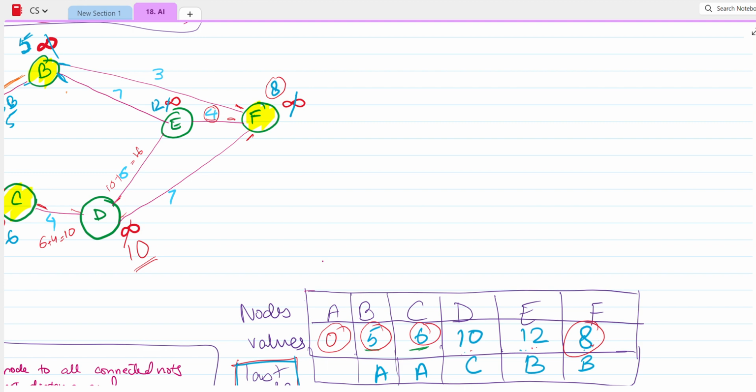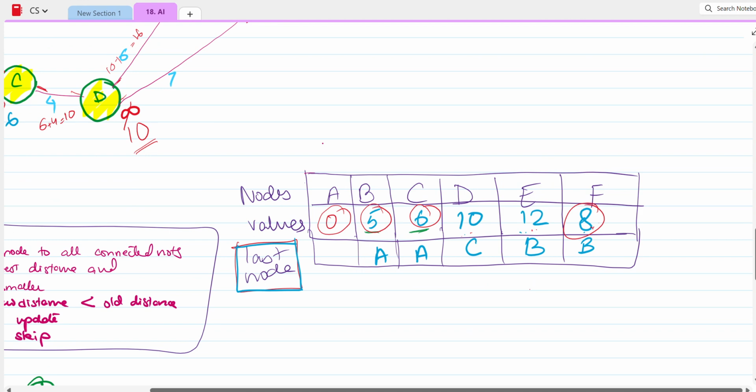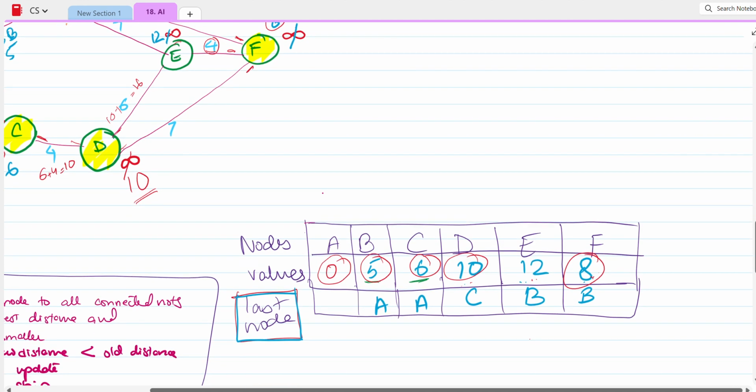So already the value of E is 12, so we don't update it, and now we say that D is processed and the value of E is not updated. Now the previous node of D was F.